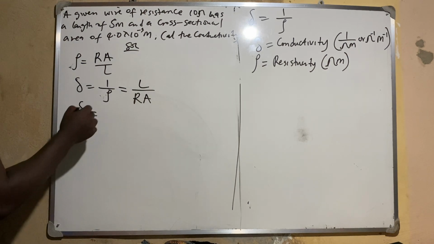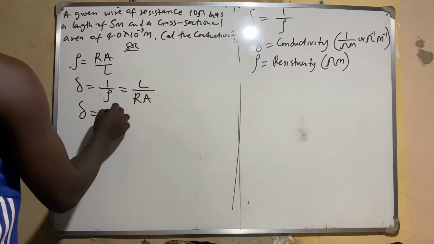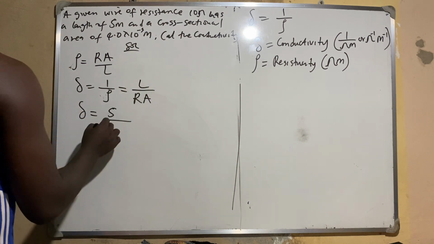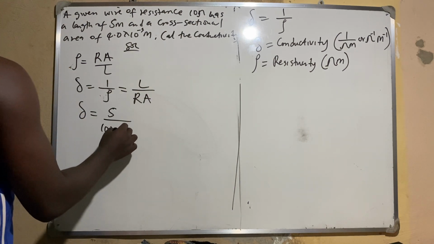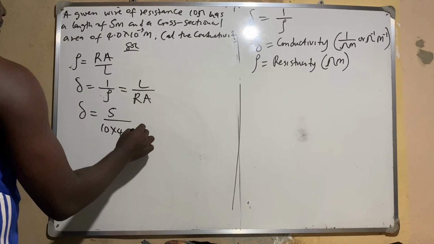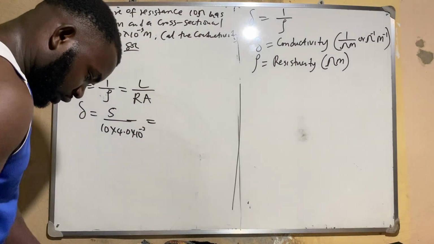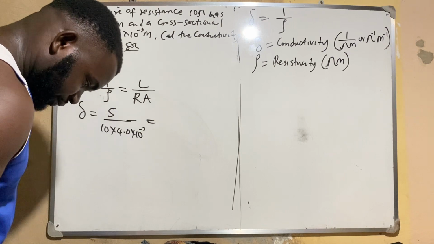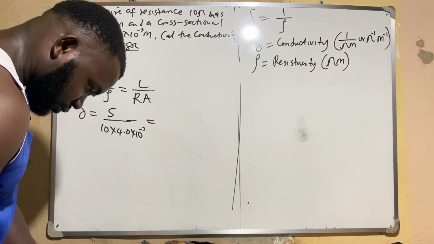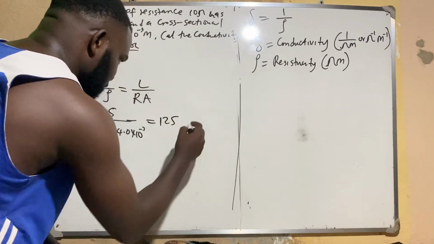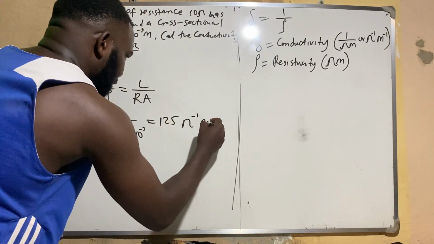So my conductivity will now be my L, which is the length, 5, all over the R, my resistance, which is 10 ohms, then times 4.0 times 10 raised to the power minus 3. If you do that, you're going to get 125 per ohm per meter.